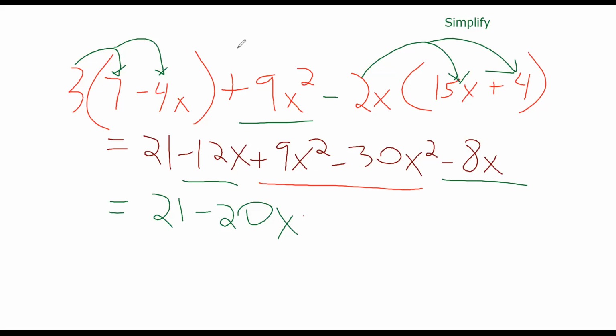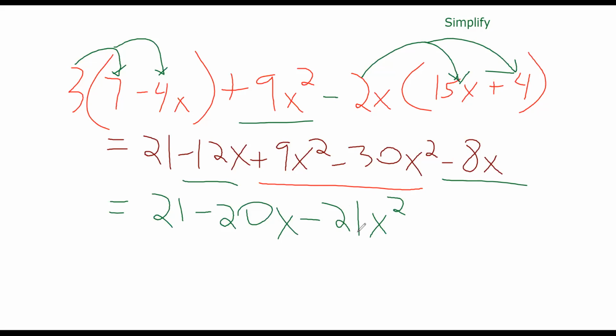Negative 21, exactly. Negative 21x squared. This was 21, this was also 21, just a coincidence.